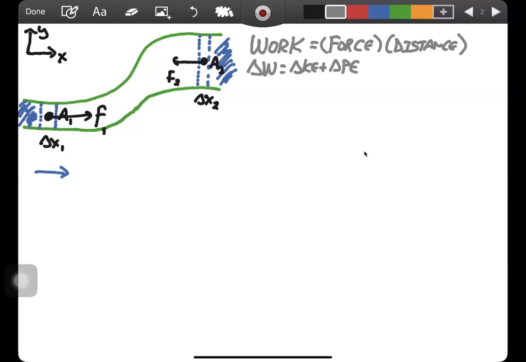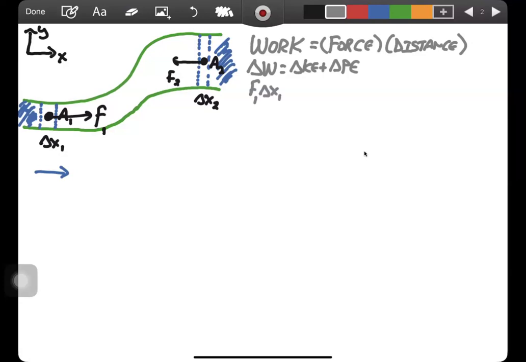So we can say that the work being done on this volume of fluid, you have your external force, F1. This is the force that is from the fluid on the left of the fluid we're tracking. And that's moving in the direction of motion.